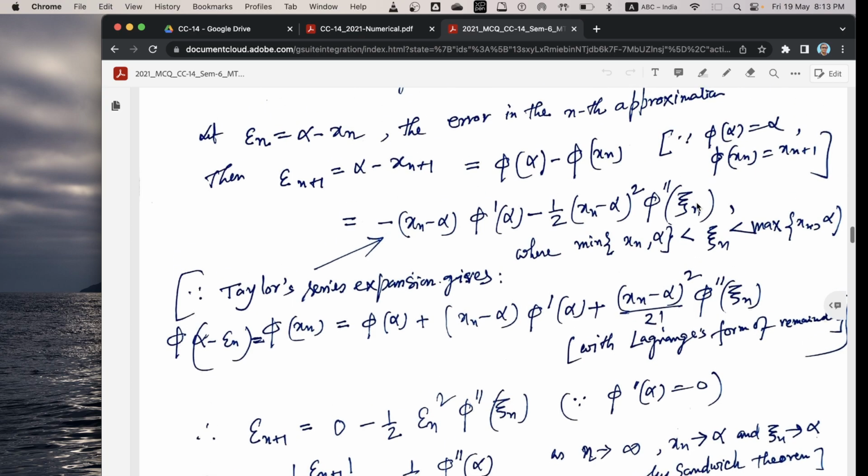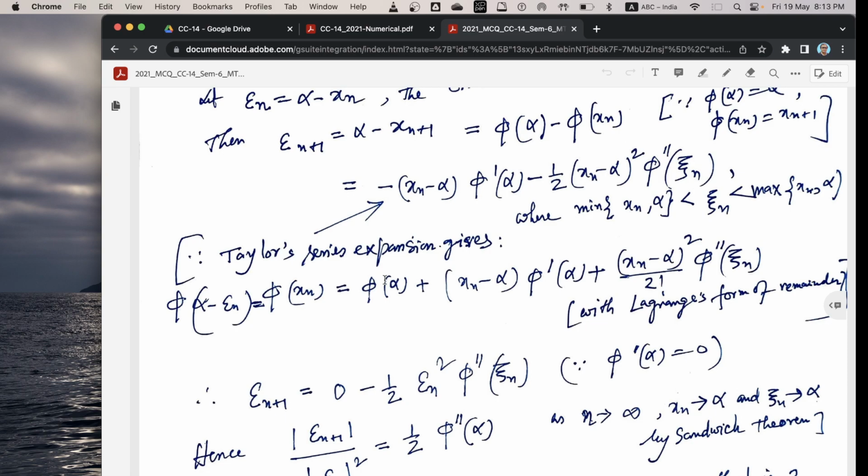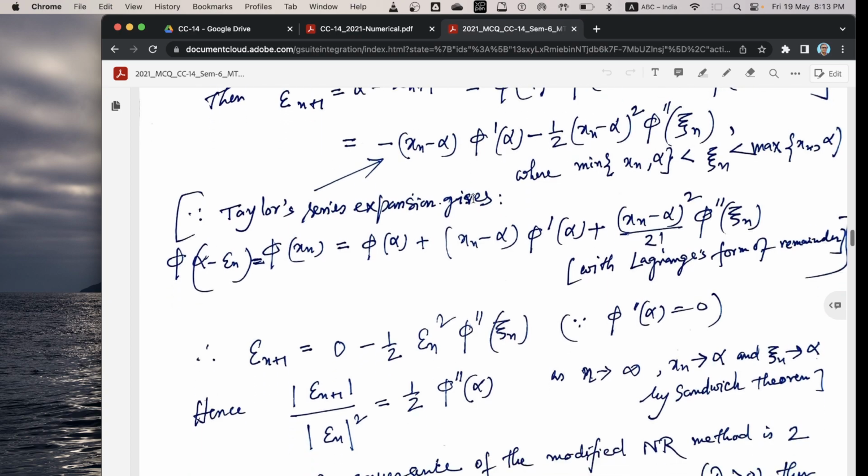So we can write phi(alpha) minus phi(x(n)) as this, and we put this in epsilon(n+1).